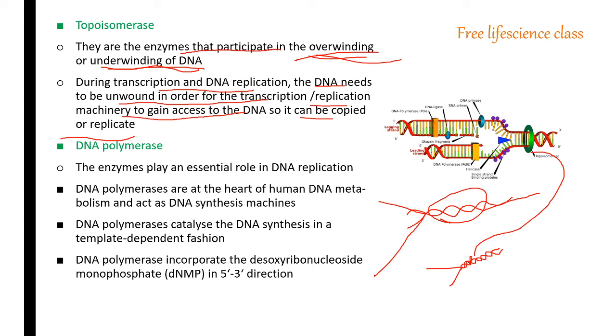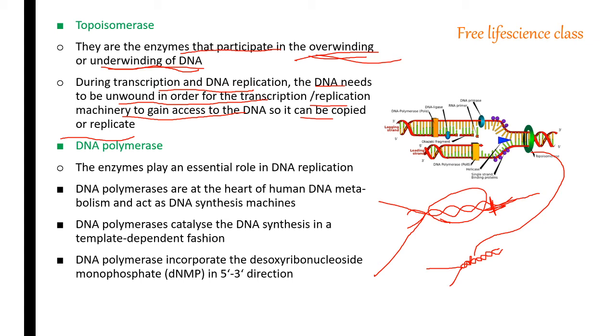Topoisomerase has several roles. It has endonuclease activity. It has ligase activity. When supercoils form in the DNA, this topoisomerase makes a cut. It will make a cut and release the tension. After that, it joins the DNA.